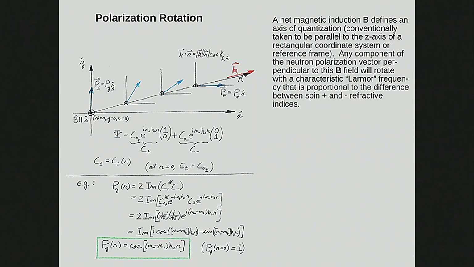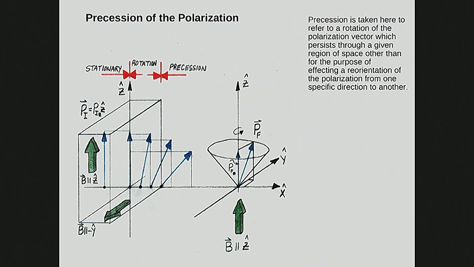And you can construct various devices just with macroscopic magnetic fields that let you take a polarization, let's say prepared in a region of space where it's perfectly polarized along the z direction, and then enter abruptly into a region of field where the B field points orthogonal to what it was outside, and that polarization vector, because of the difference in K plus and K minus, will rotate.